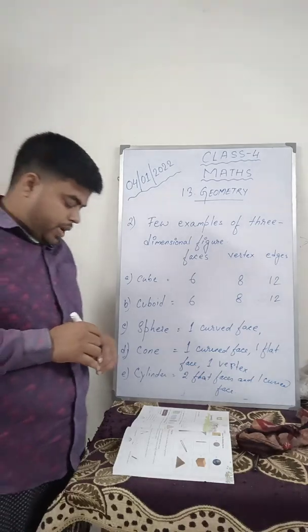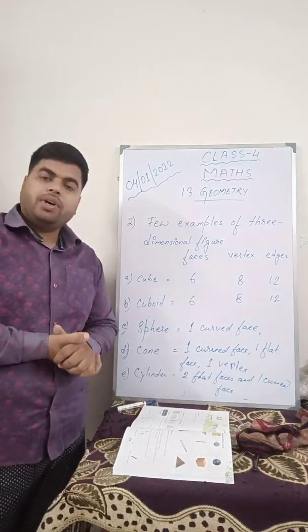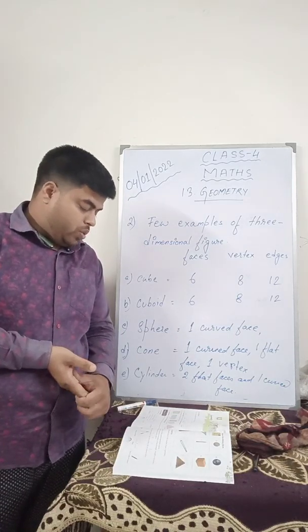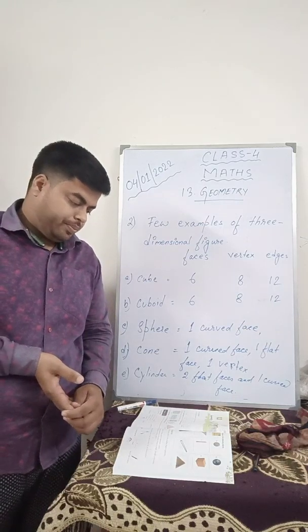So you will have 2 flat and one curved. So I hope all of you have understood this. So please note down these details so that you can start with exercise 13.1.